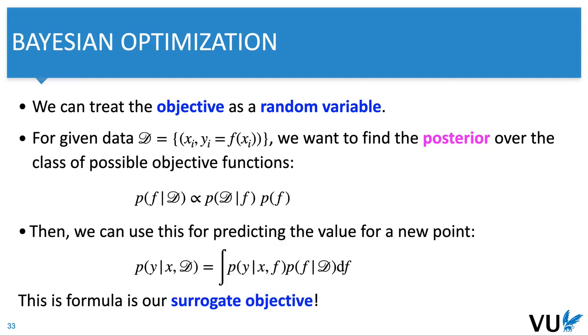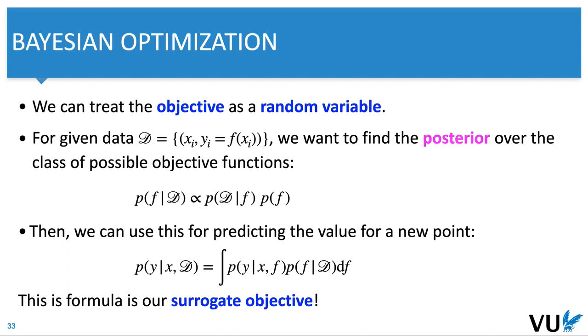And then, once we have this posterior, we can very easily predict the value for a new point. So we have the predictive distribution, where we removed all possible functions, and we can say that this is our surrogate objective.